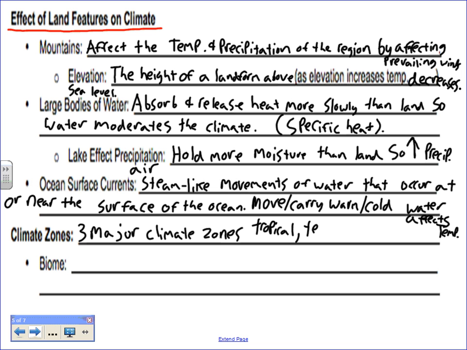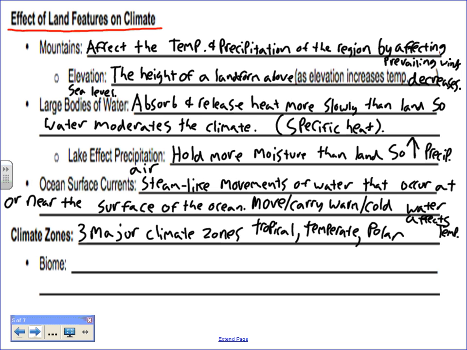Temperate, and Stevens Point is in the temperate region. And polar, which is by the poles, of course, okay, which is very cold. And these climate zones have specific biomes in these major climates, okay.